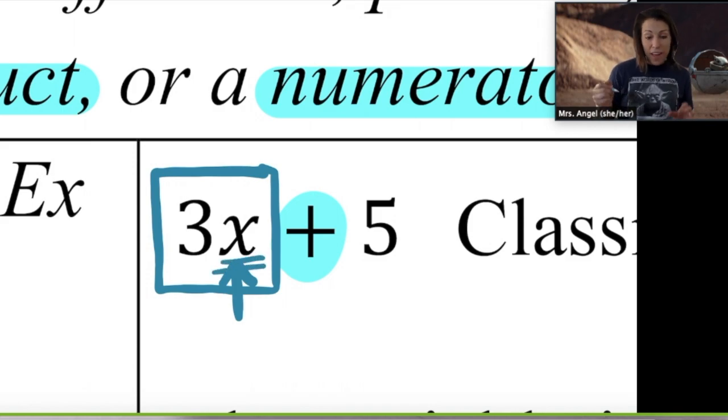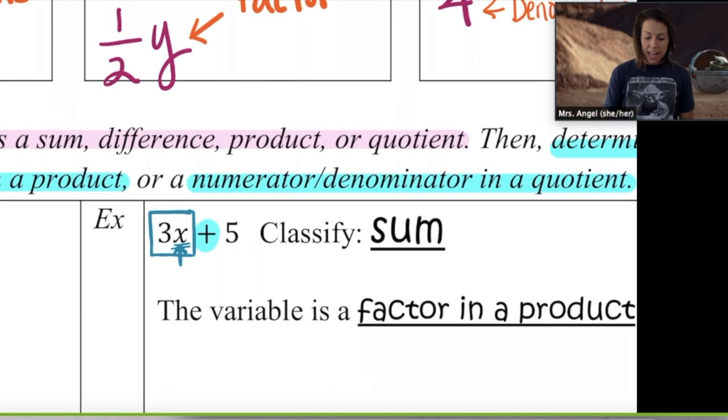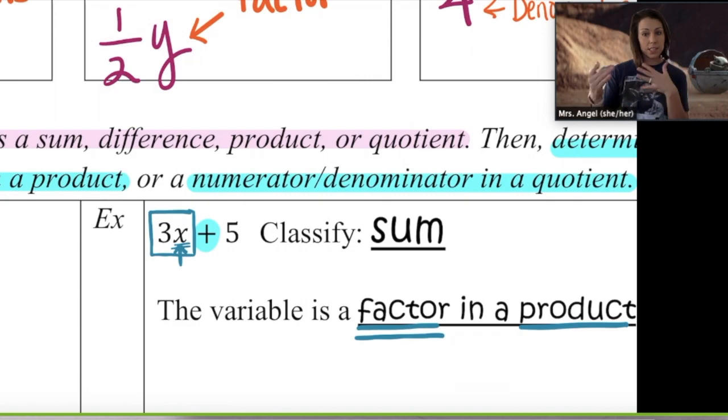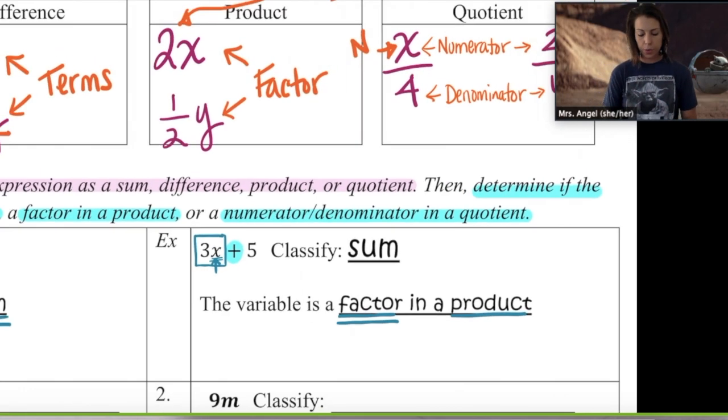So the role of x has changed. X is no longer its own term. Now it's a factor in the product 3x. And that's the difference here. In this second example, the variable is a factor in a product, and that product is a term in the sum. So you have to step back and look at the whole expression, but then you can zoom in to really just see what that variable is doing.